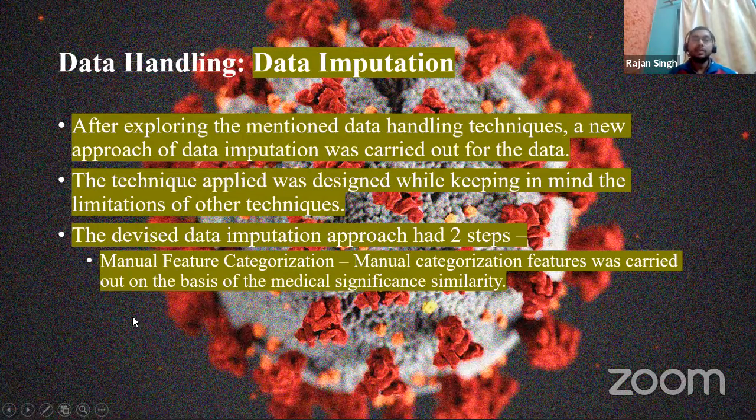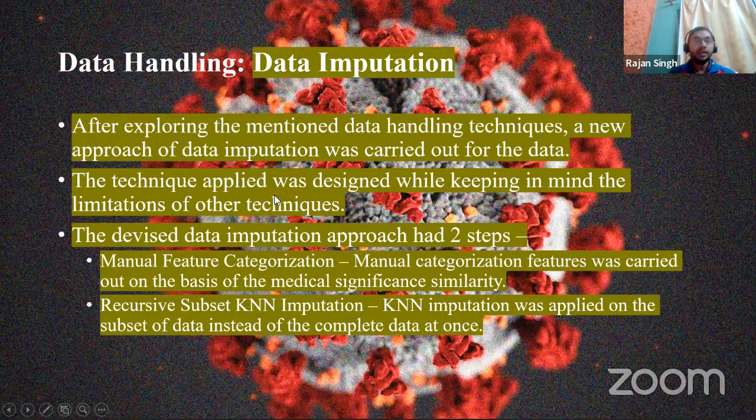The second was recursive subset KNN imputation, in which we recursively applied KNN to complete the data set. Now, in this devised data imputation technique, the 69 primary features were manually categorized into 5 different levels.